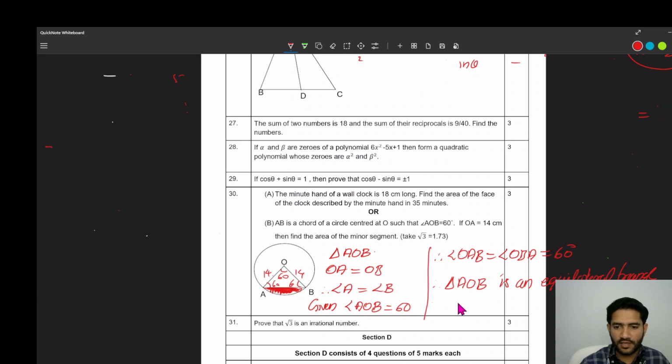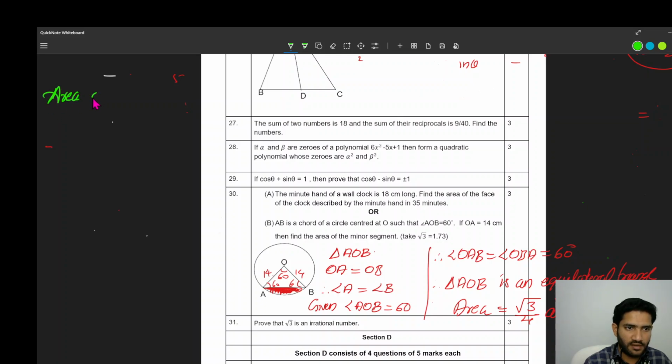For an equilateral triangle, how can we find the area? Area is equal to root 3 by 4 a square. Okay, root 3 by 4 a square is the area of this triangle. Now the question is that we need to find the area of the segment.